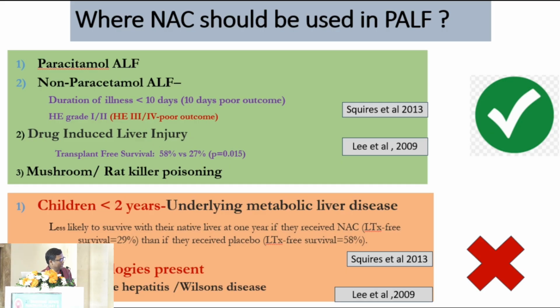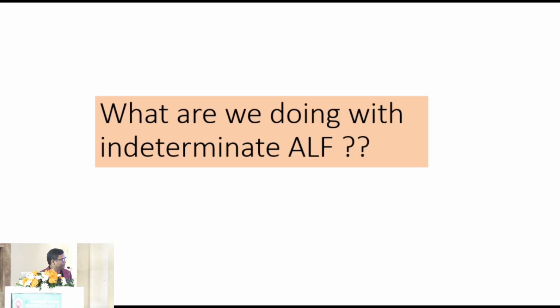Drug-induced liver injury, this is again from the adult study, subgroup analysis was there, and it was clearly positive. It does not work in children less than 10 years. It is again a subgroup analysis of the trial. And when there is a definite etiology present like autoimmune hepatitis or Wilson's disease, it does not work. So NAC is for selected cases, not for all.